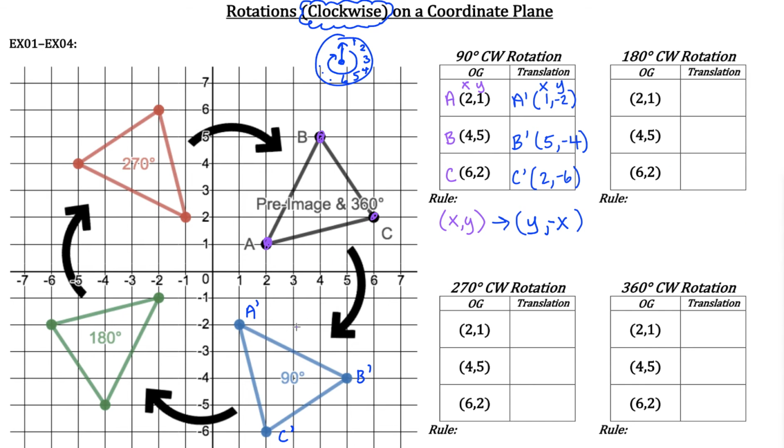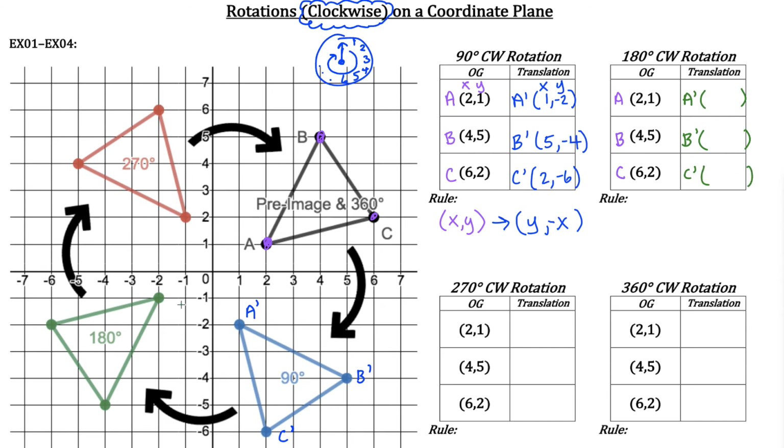Let's rotate it another 90 degrees. So let's label these A, B, C, and then green, A prime, B prime, C prime. And let's figure out what those are.